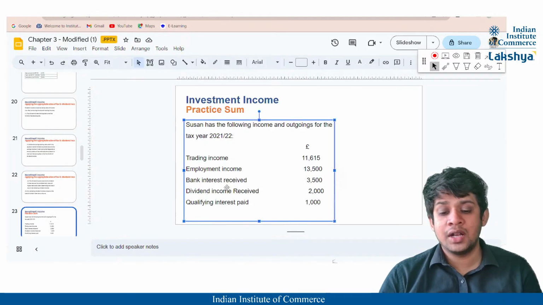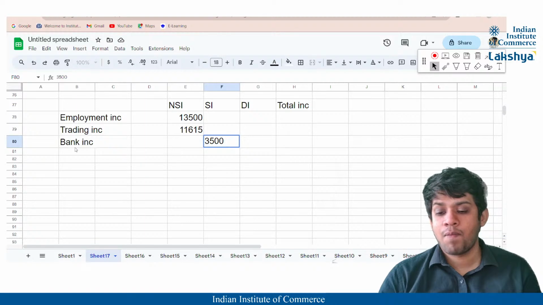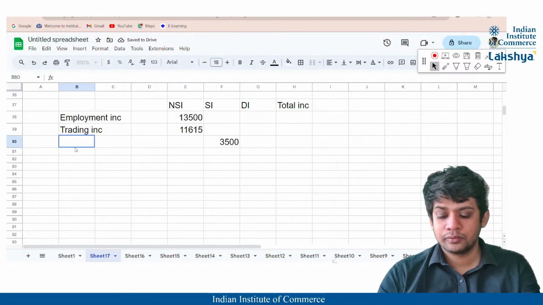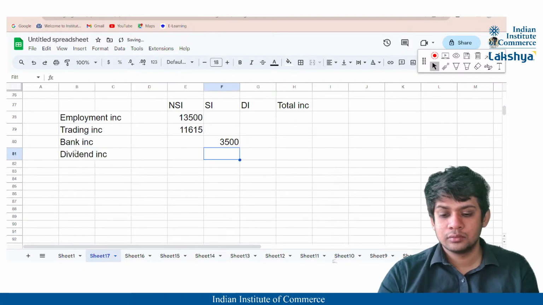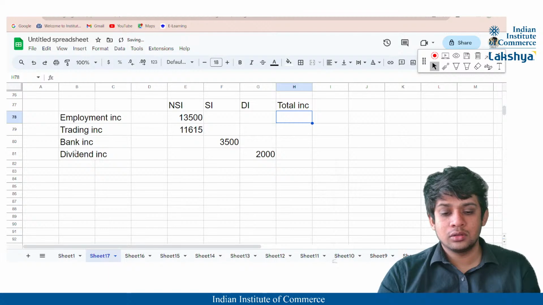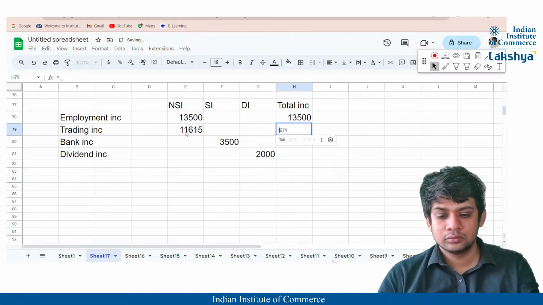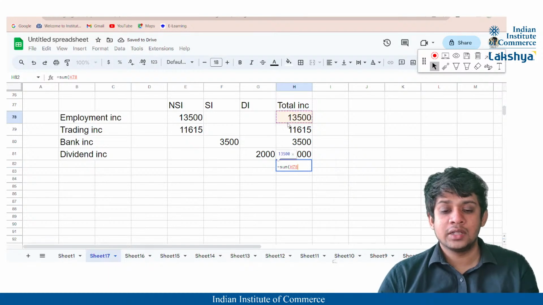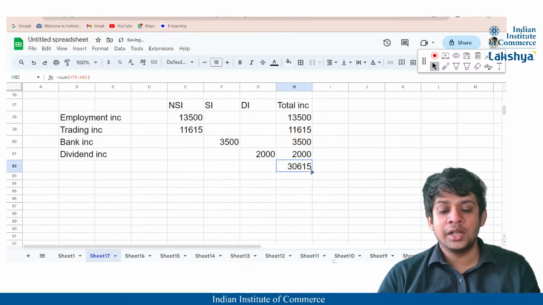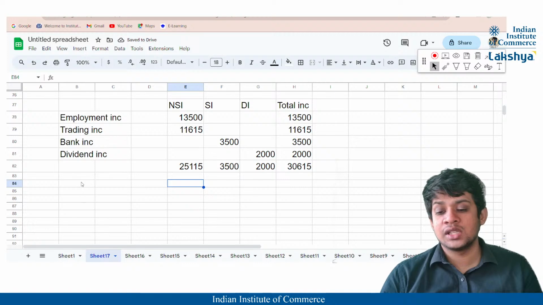And lastly, I have a dividend income which is received, that is 2,000. So my total income will thus be 30,615.